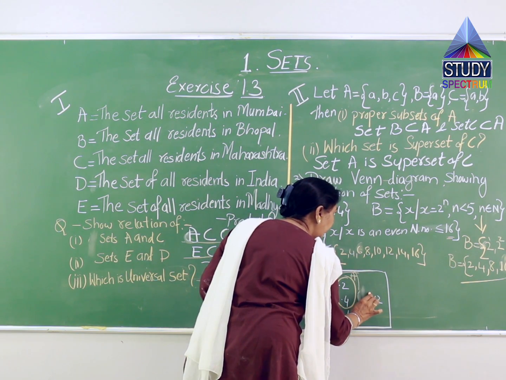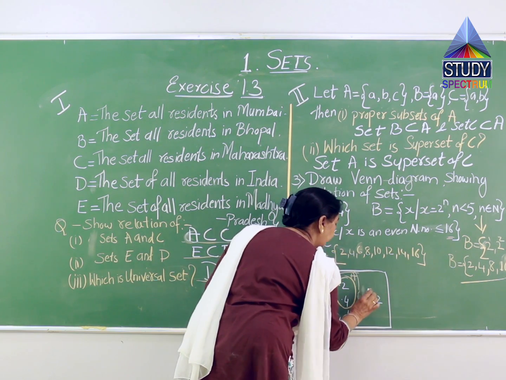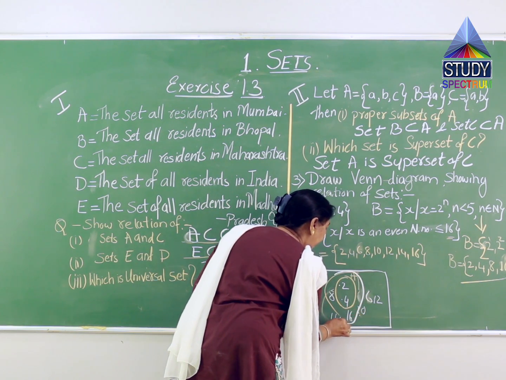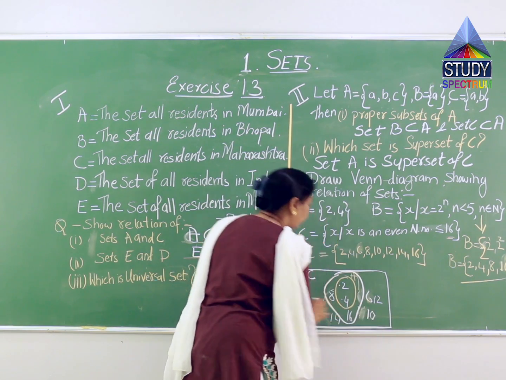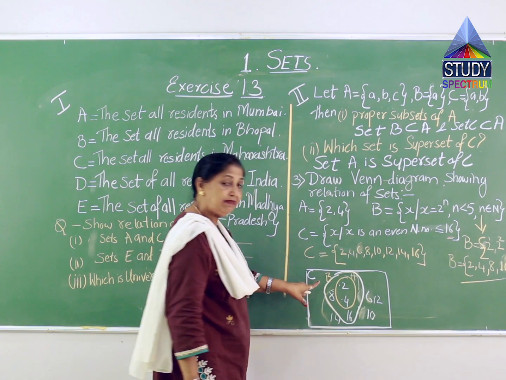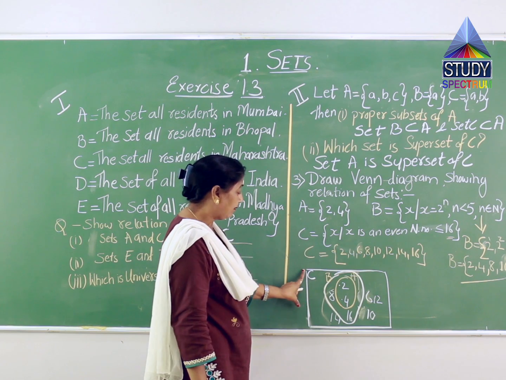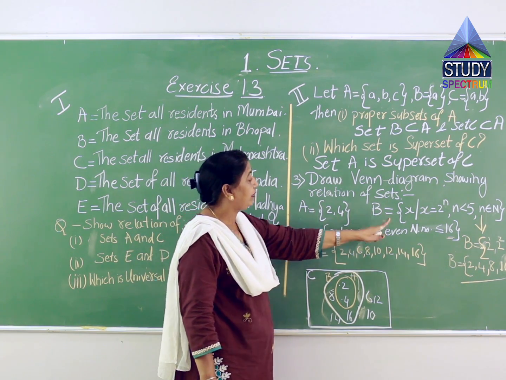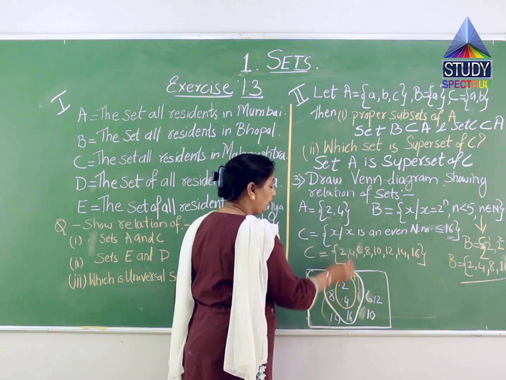This I can move here. 6 and this is B set. This 10 I can. So now I can give this name as B. So from this Venn diagram, it is clear that set C is a universal set, as it consists of all the elements which are there in set A and B. So this set is having 2, that is also there.